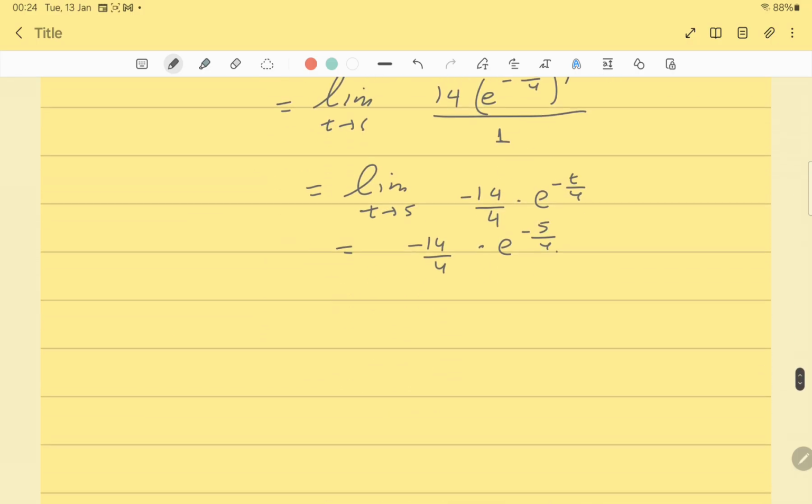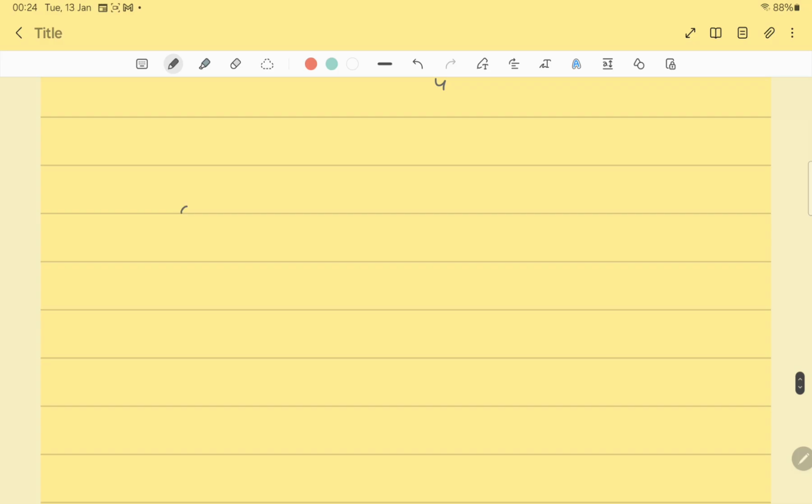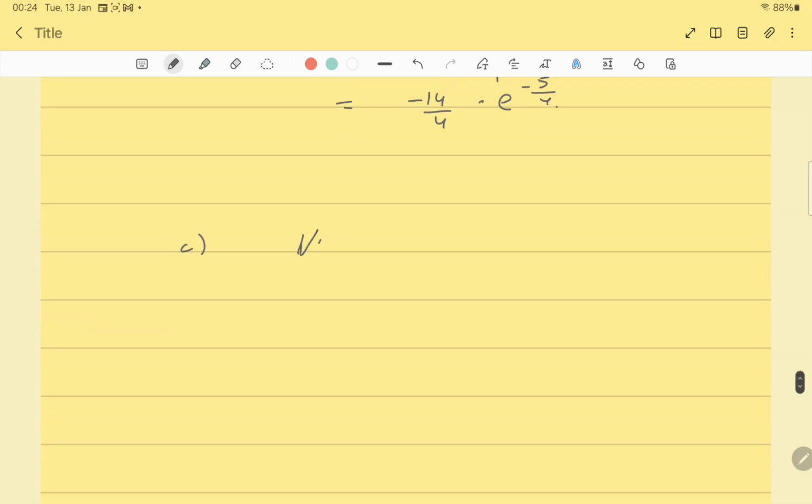Now for C, we do the following. We find the derivative. So we have v of t equals 14e to the minus t over 4. The derivative of that is going to be 14 times the derivative of the exponential, which is the exponential e to the minus t over 4.